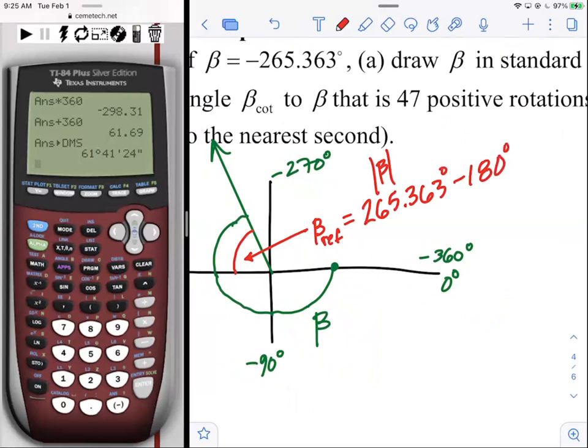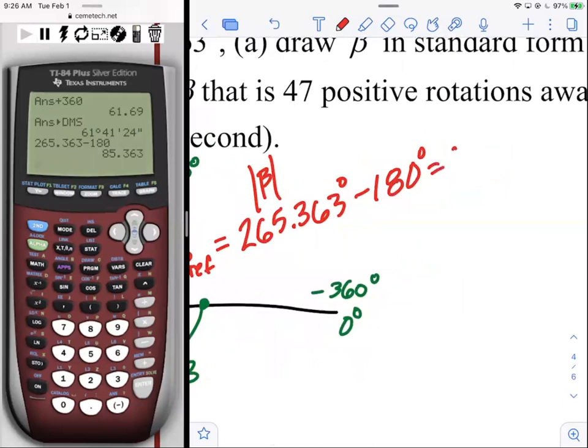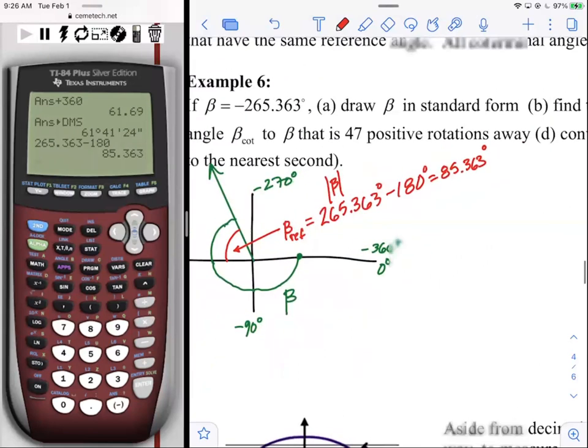Now let's see what that gives us. Over here to the calculator, positive 265.363 minus 180. I went past 180, and there it is. It's equal to 85.363. Now that's labeled, right? It says beta sub ref.